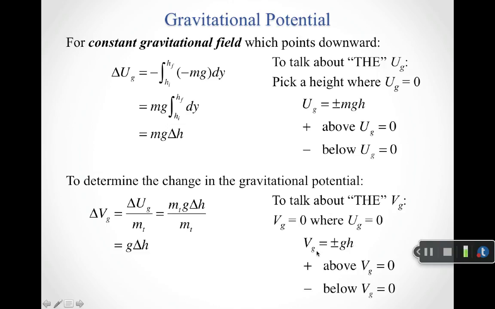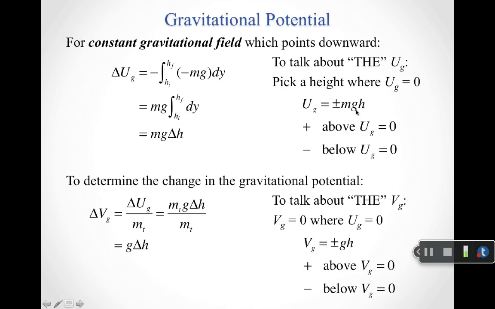So the gravitational potential only depends on the source mass, and the source mass is hidden inside this field. The source mass is what's creating the field. That's how the gravitational potential only depends on the source mass. And then where you are relative to that source mass is going to dictate your potential.